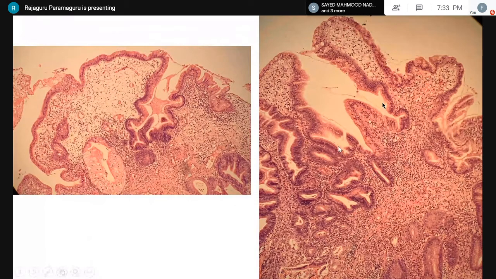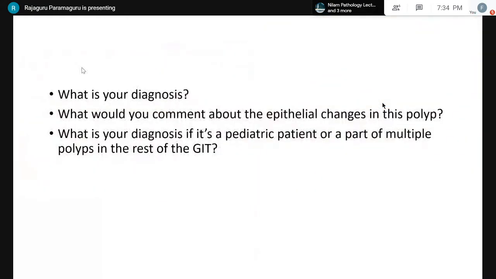But what we see here is that the nuclei of the foveolar epithelium towards the base look more bluish, whereas towards the surface they are more pinkish. This is called surface maturation, which is seen in reactive or regenerative atypia, whereas it will be absent in dysplastic epithelium. There are more differentiating features which I'll talk about later.